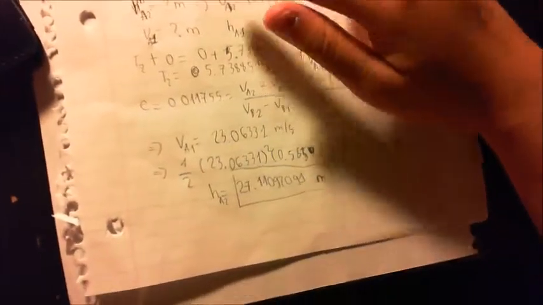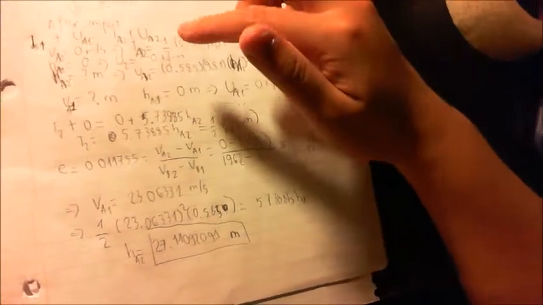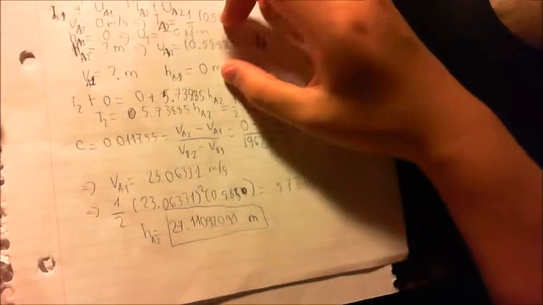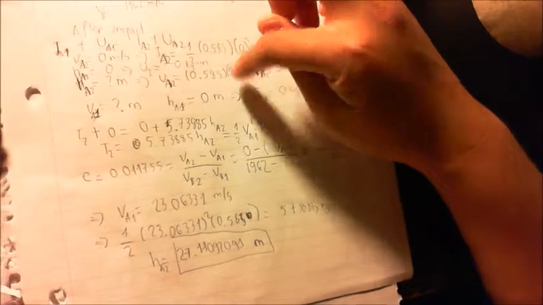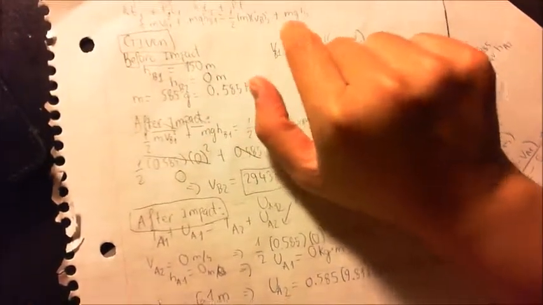And also for after impact, I still write down the same equation, and I put down the values I know, and the equation again was this one. Okay, don't forget this equation right there, it's very important.